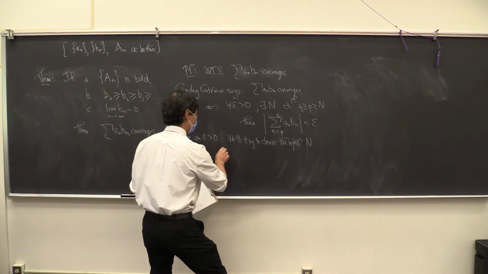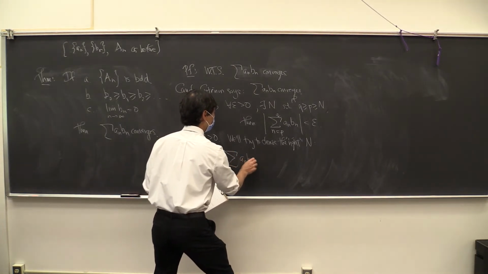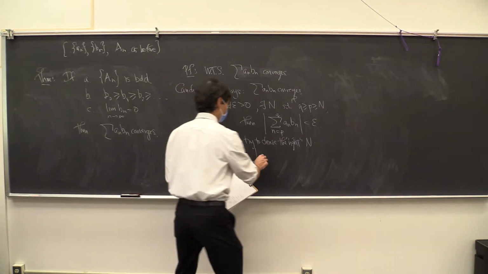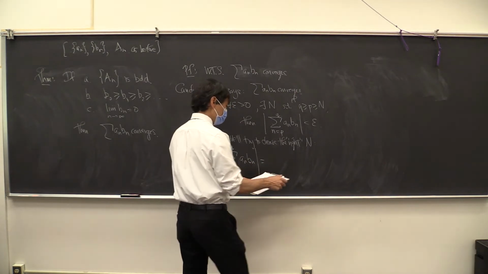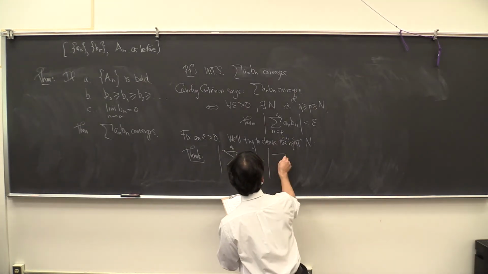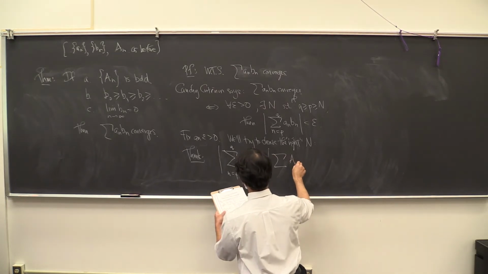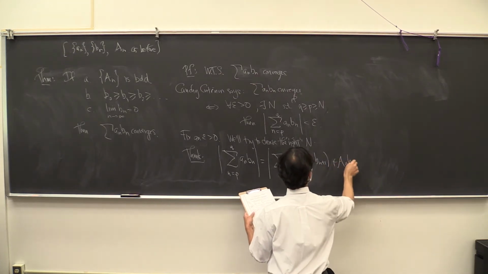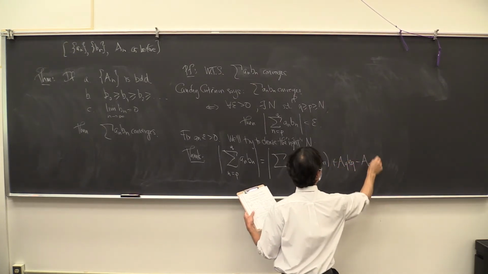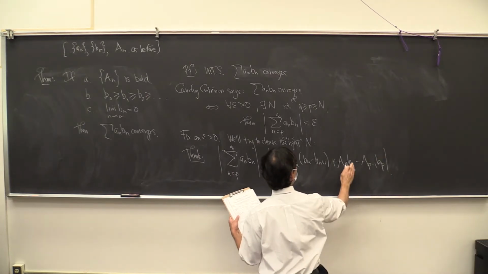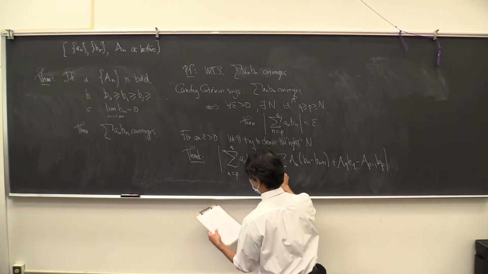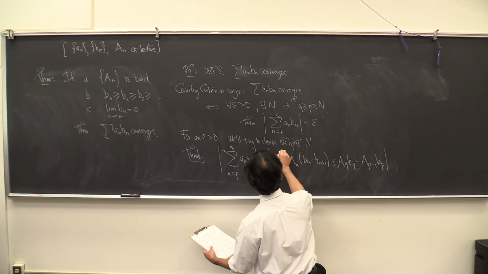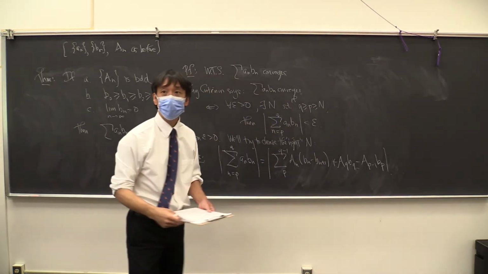If we're looking at this tail, summation a sub n b sub n from n equals p to q, we have the technical lemma. The technical lemma says that this is equal to the summation of A sub n times b sub n minus b sub n plus 1, plus A sub q b sub q, minus A sub p minus 1 b sub p, where the sum goes from p to q minus 1.